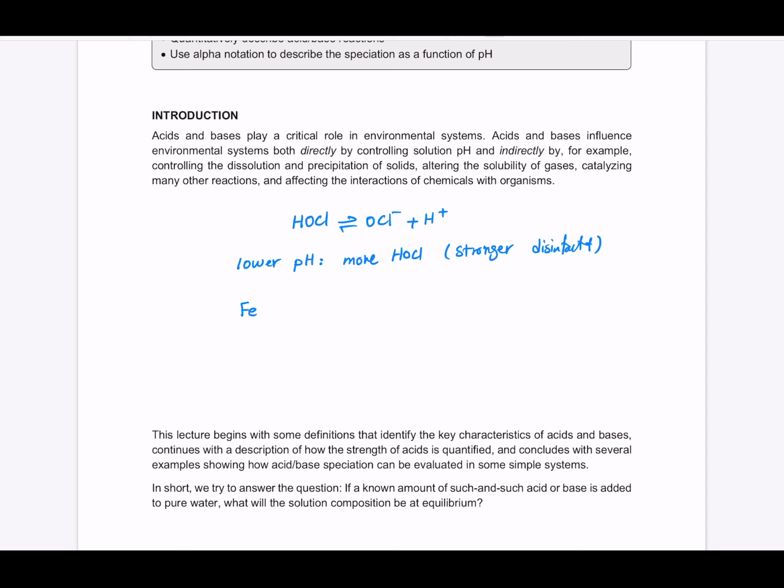This is obviously pH dependent because we have this H plus as a reactant, so it will be impacted by changing the pH. So, for example, by lowering the pH, what happens? Do we have more of Fe2 plus or Fe3 plus?